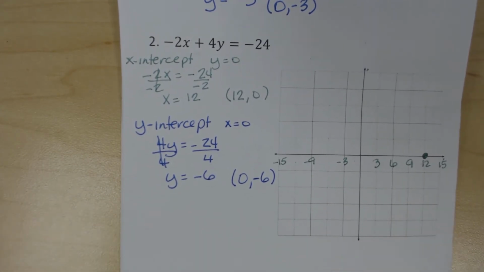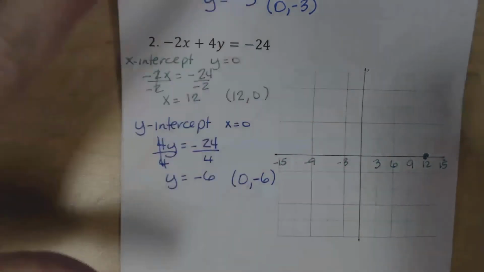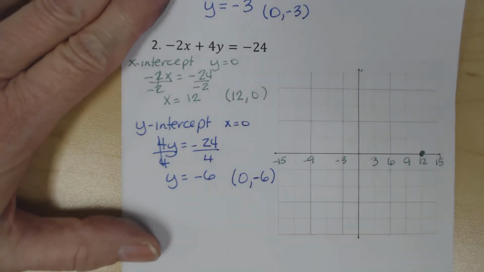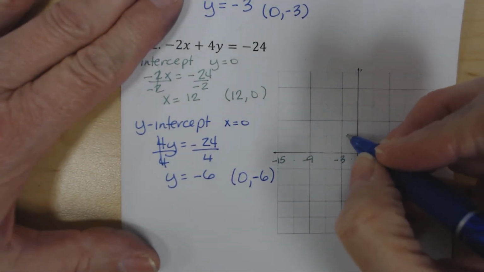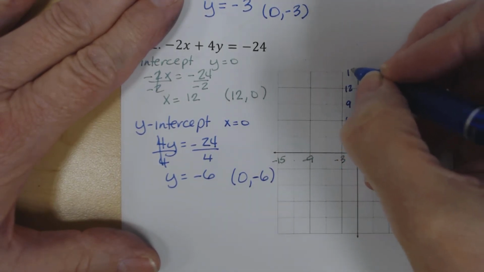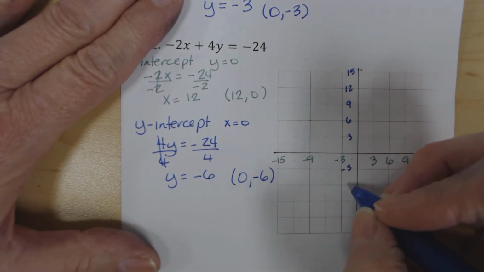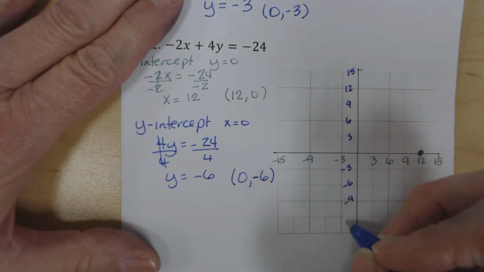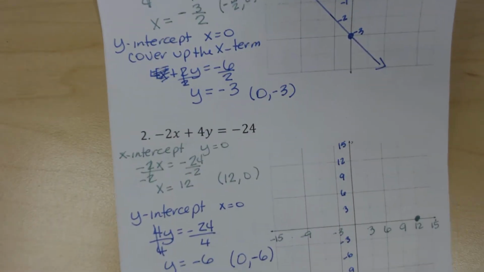From there, I need to also look at my y-axis, and I couldn't count by ones there. Just to be consistent, I'm going to go ahead and count by 3's here. 3, 6, 9, 12, 15. Down here, negative 3, negative 6, negative 9, negative 12, negative 15.